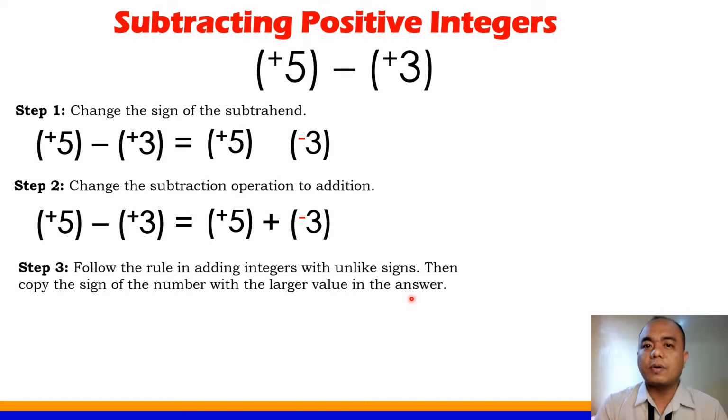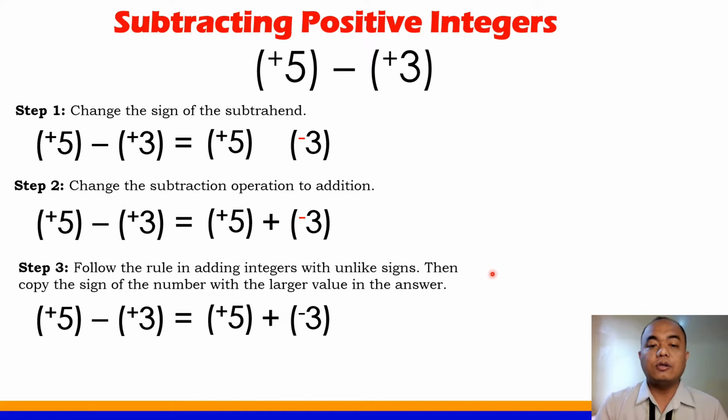Can you still remember what we did last time when we add integers? Okay, so i-apply natin yung rule natin, class, in adding integers kasi ito na yung ating bagong expression na isosolve, class. Hindi na ito. No? So this one is still equal to this one.